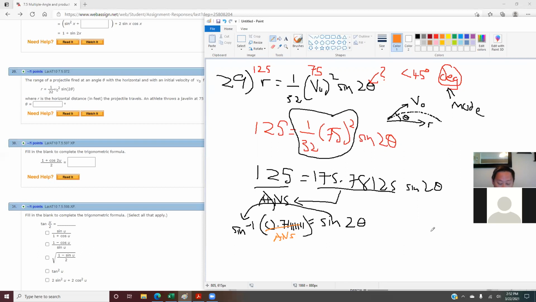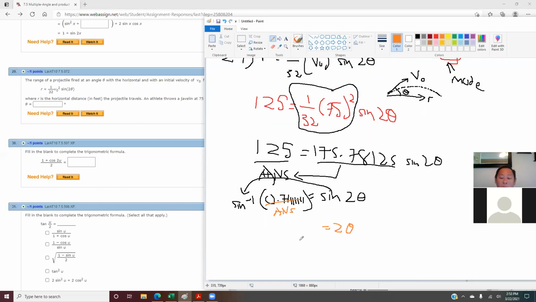So arc sine of ANS, that will give you what? 45.32 something in degrees, something like that.